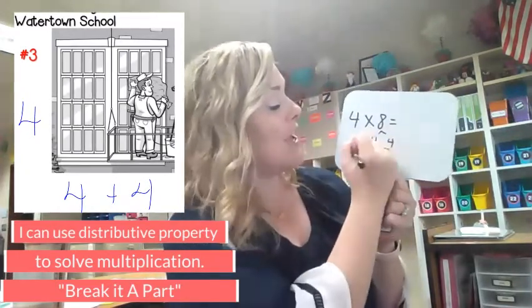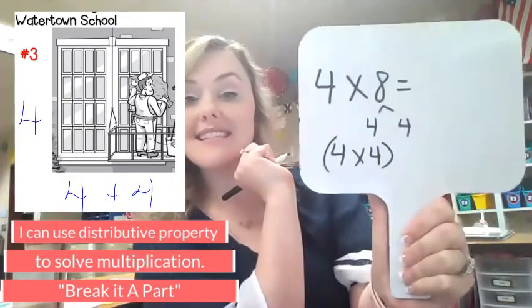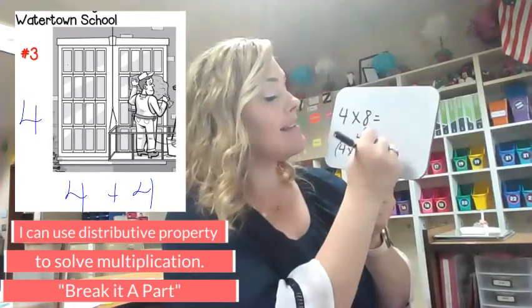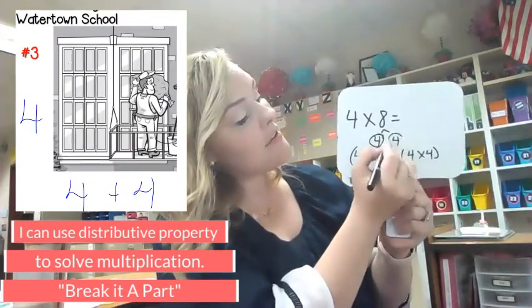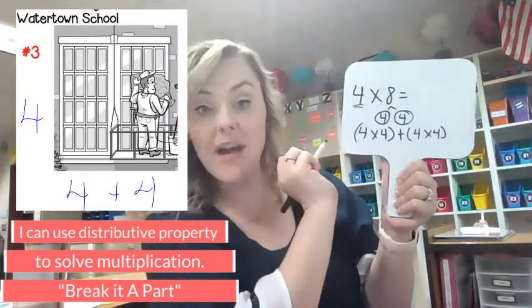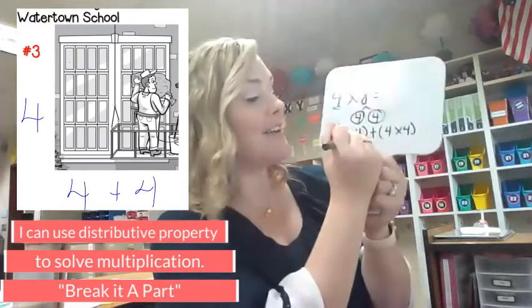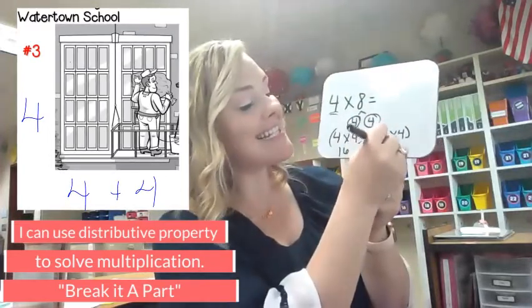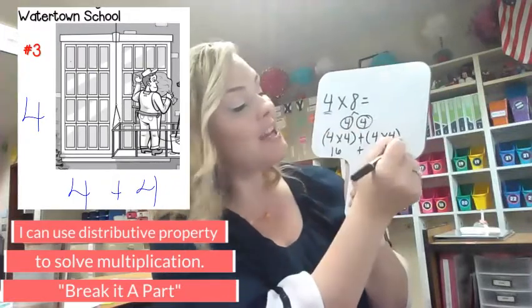So I'm going to say 4 times 4, parentheses, plus 4 times 4, and passing out my number bond to my other factor. And now I can solve. Multiply and add. Multiply and add. So I've got 16 plus 16, which is equivalent to 32.